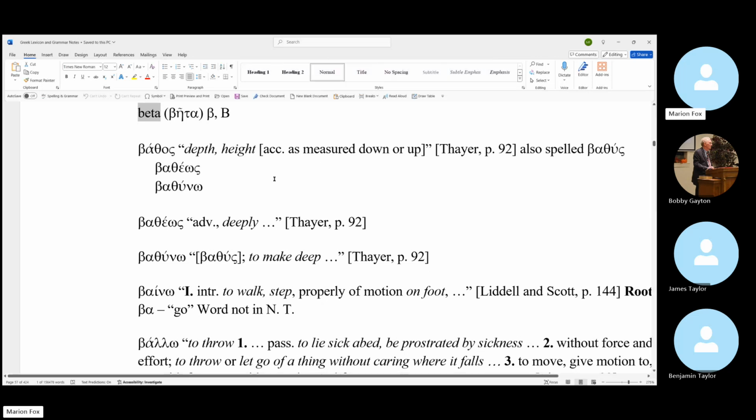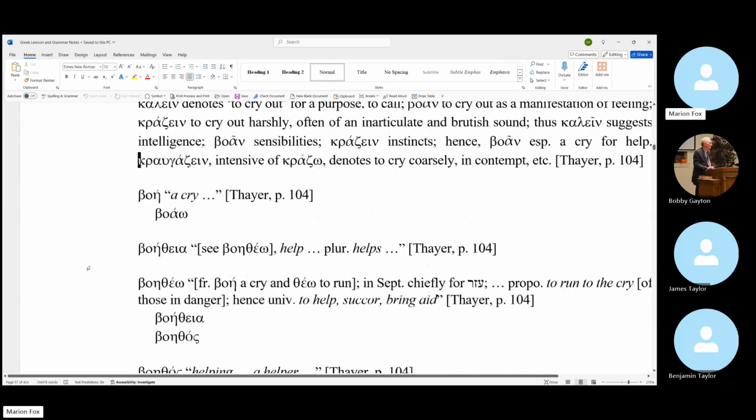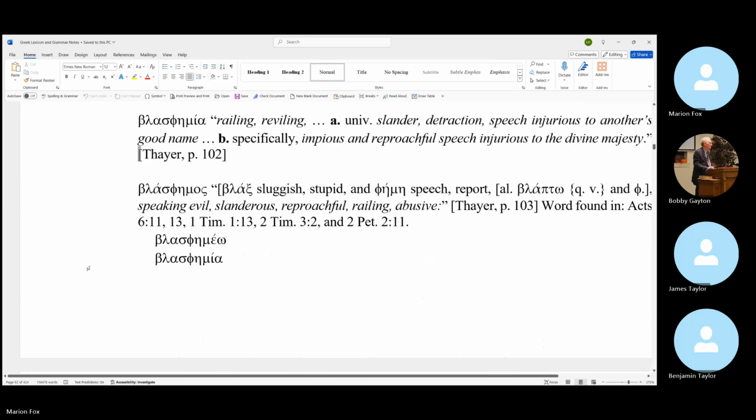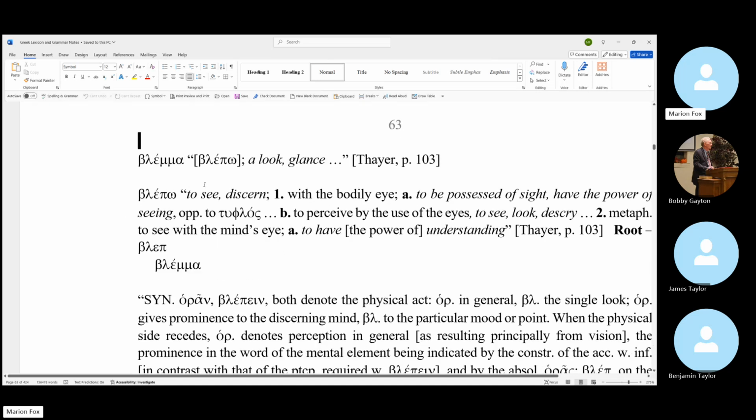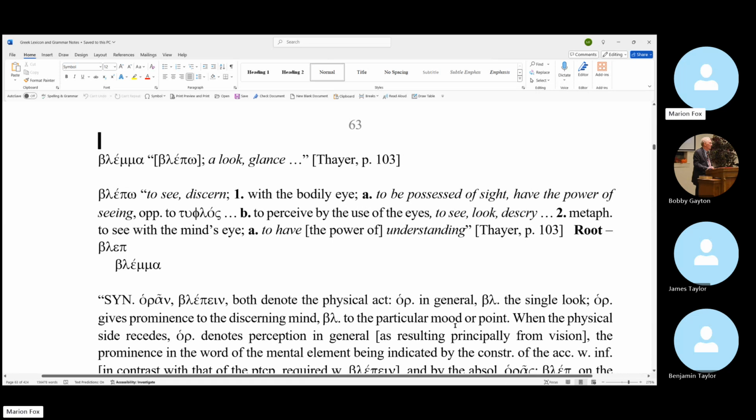Okay. I just go down to the letter beta, and I'll scroll down quickly to blepo. There it is. To see or discern, with the bodily eye. To perceive with the eyes, to look, to see with the eyes, the mind's eye. So we're going to see with our mind.